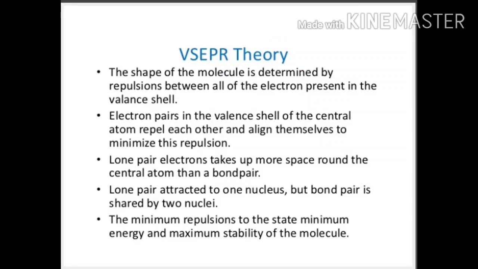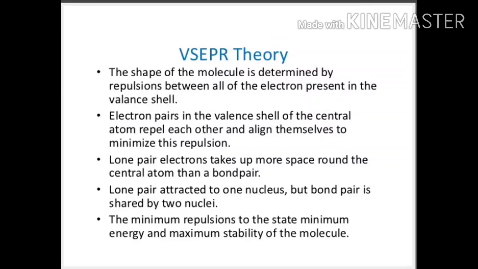Minimum repulsion means minimum energy and maximum stability of the molecule. It means the repulsion between a lone pair and a lone pair is different from the repulsion between two bonded pairs or one bonded pair and one lone pair.